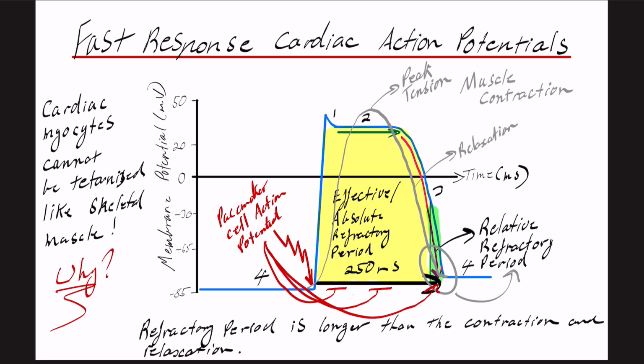But by then the muscle has relaxed enough that diastole has occurred, so the heart will then contract as normal. So your heart will continue to beat despite the rest of the body being tetanized. This mechanism not only protects the heart against tetany, but it also helps protect the heart against ventricular arrhythmias as well, something I'll talk about in later videos.